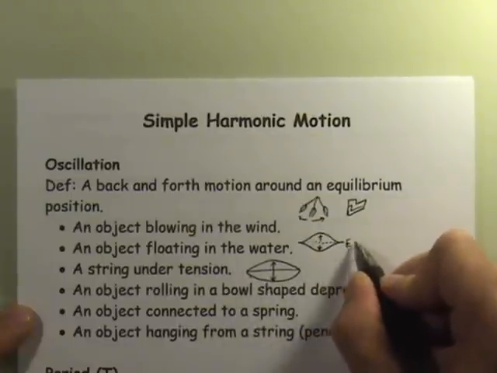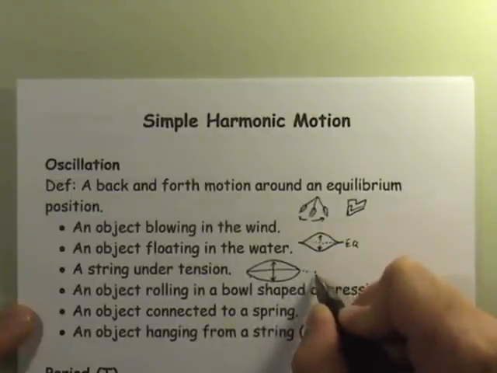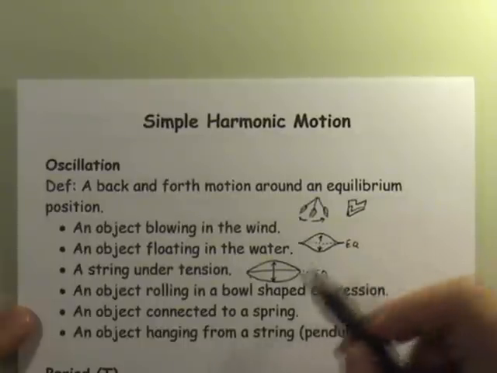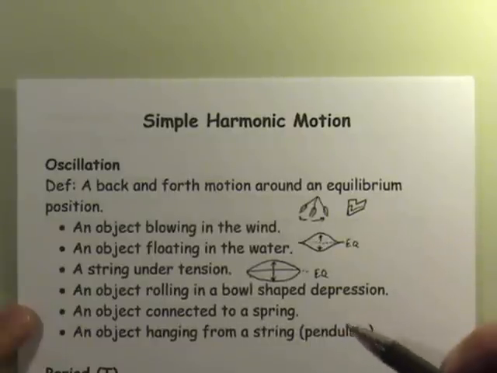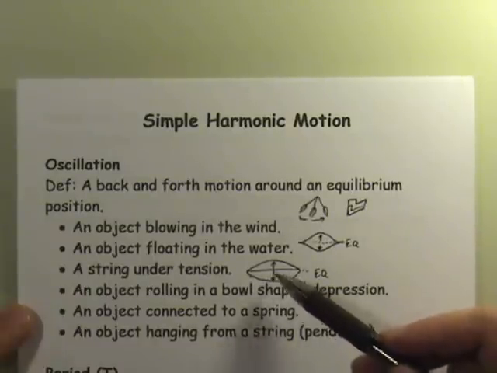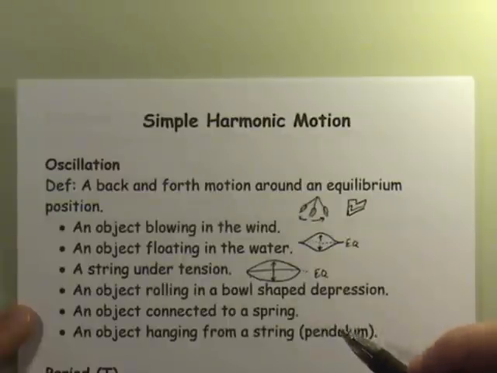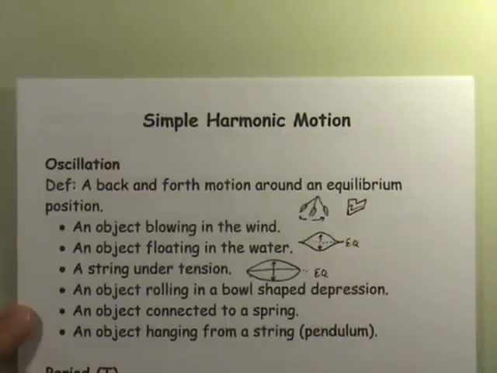Right, so equilibrium position we'll mark on here. The string begins to oscillate around that natural equilibrium position, and obviously this is very important. All stringed instruments are essentially examples of simple harmonic oscillators. In fact, it's a more general rule, almost all musical instruments are examples of simple harmonic oscillators.